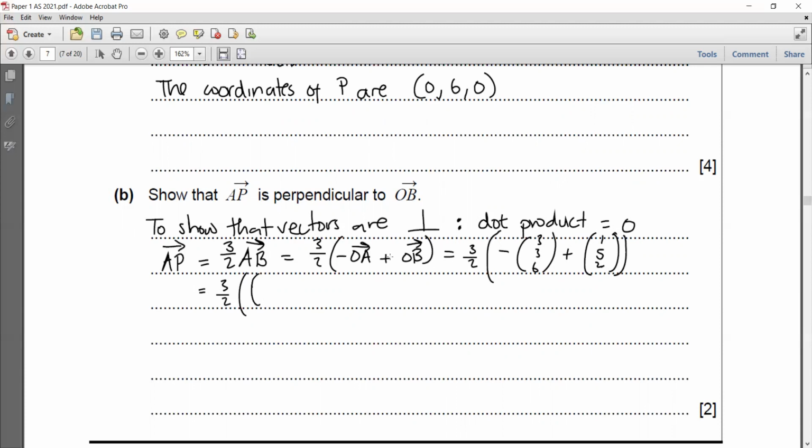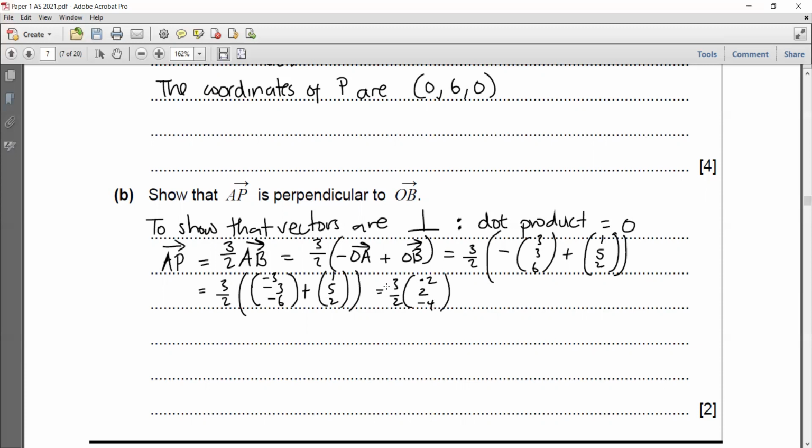The negative multiplies in, so I have -3, -3, -6, 1, 5, 2, and then combine these two, and then I'll multiply by the 3/2. So this is 3/2, -3 plus 1 is -2. And then -3 plus 5 is +2. And then -6 plus 2 is -4.